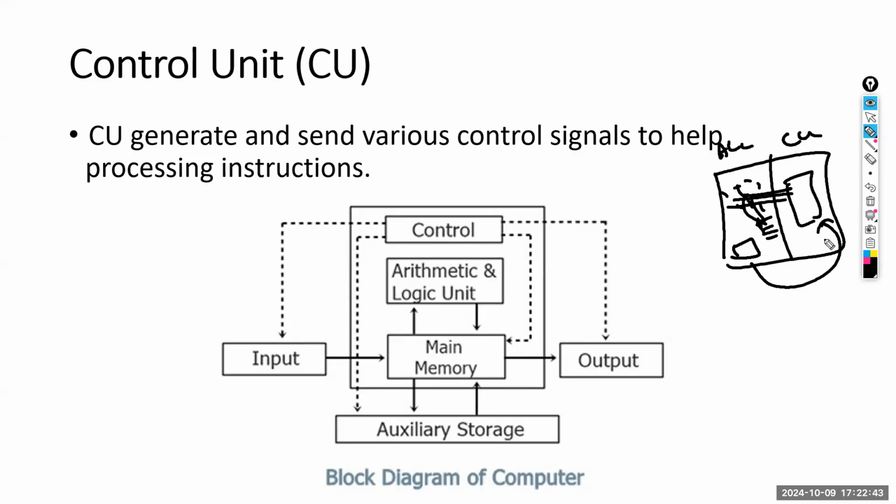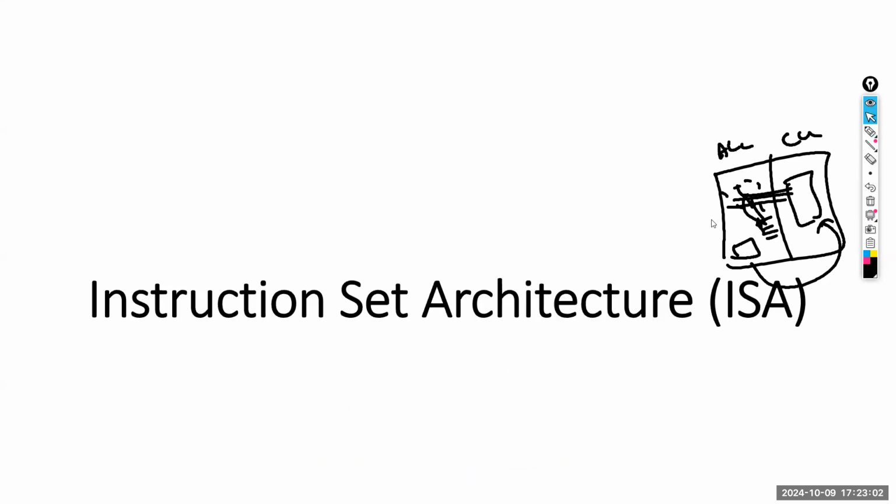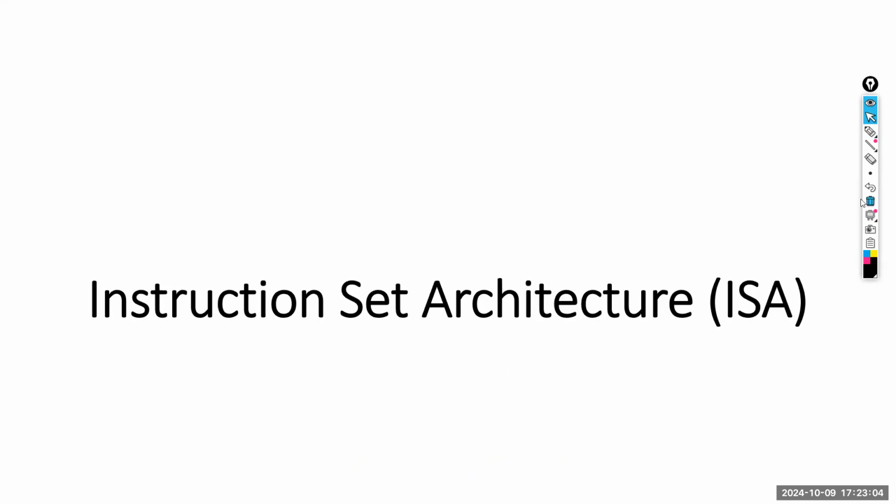Which control signals are sent depends on your high-level program, because it's the high-level program that is converted to assembly code and then binary code. That binary code represents your high-level code. So if someone asks what is the task of the control unit, what is your answer?